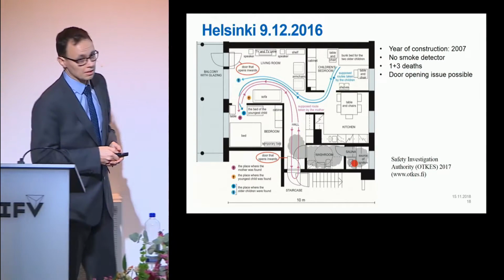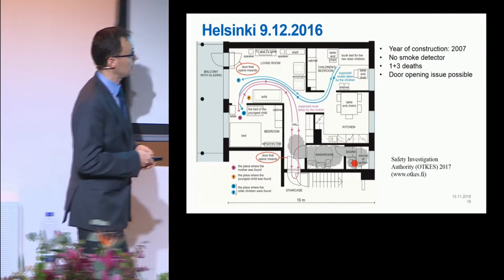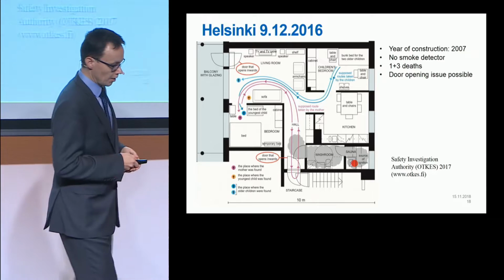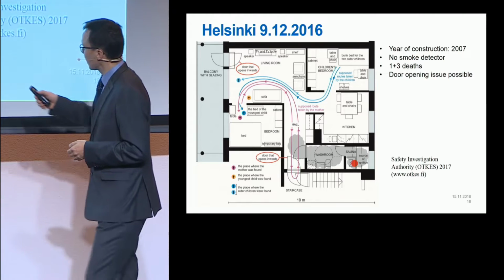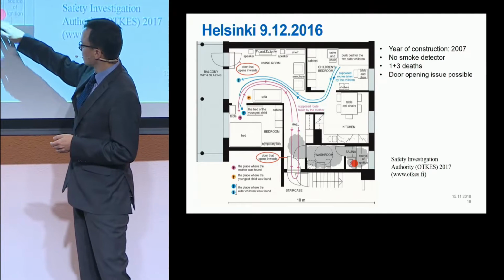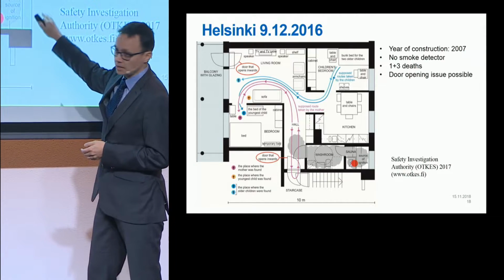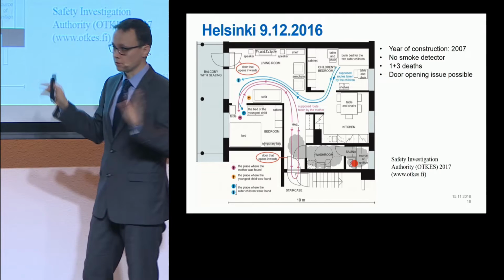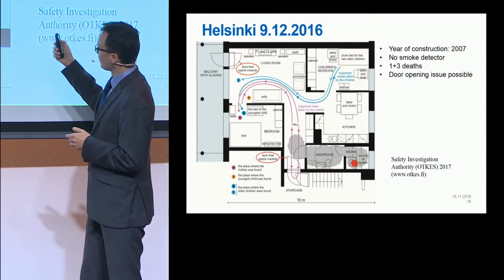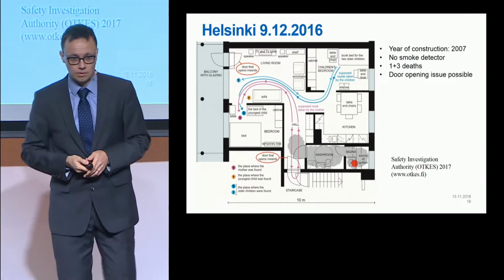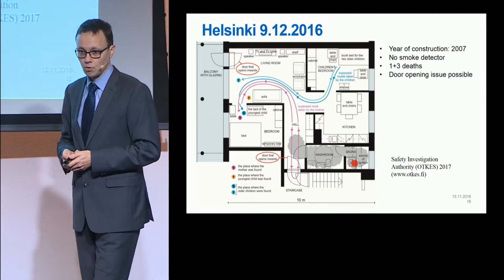In 2016, a fire took place in Helsinki where they had some stuff in the sauna that ignited for a reason, I don't know at the moment, in the middle of the night. Mother of the family woke up.